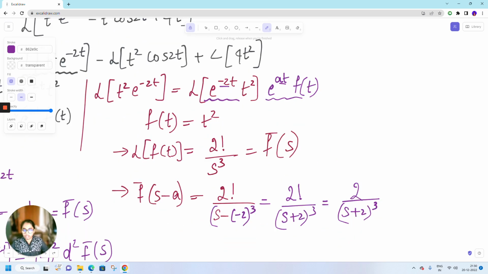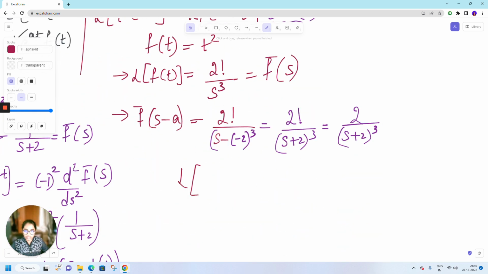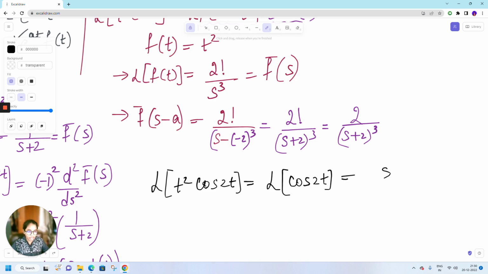Okay. Moving on, we should find out what is Laplace of t square cos 2t, right? So what is the first step we should find? Let me write down Laplace of t square cos 2t is equal to, first write down what is Laplace of cos 2t, that is Laplace of f of t, s divided by s square plus 4.